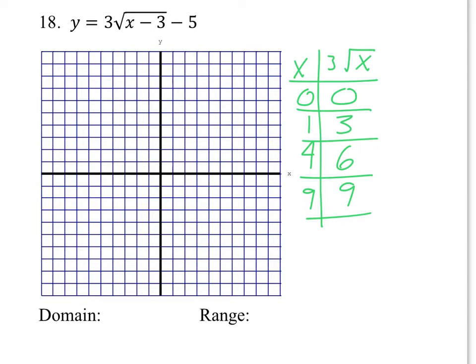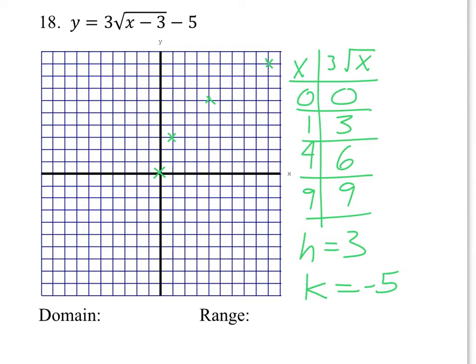H is a positive 3. K is a negative 5. So that's actually going to move those points right 3 down 5. I will X those in. So we got 0, 0. 1 is 3. 4 is 6. And 9 is 9.